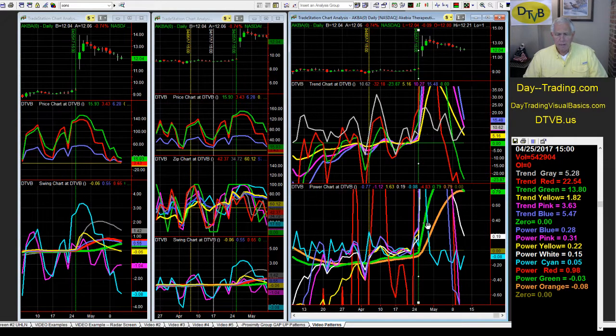The other thing I want to point out is that right now, on the vertical green line, power green is at minus 0.03, power orange is at minus 0.08. And so that difference is 0.05. Again, you've heard me talk about the spread difference, or the DIFF, between power green and orange, and how that needs to be close together.